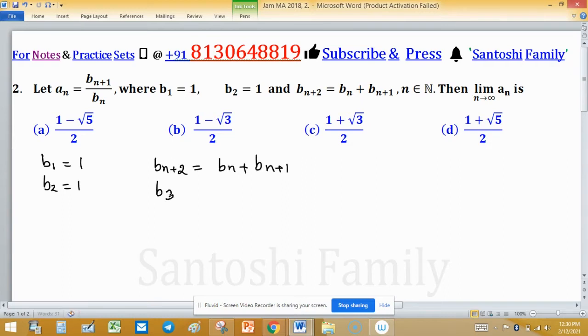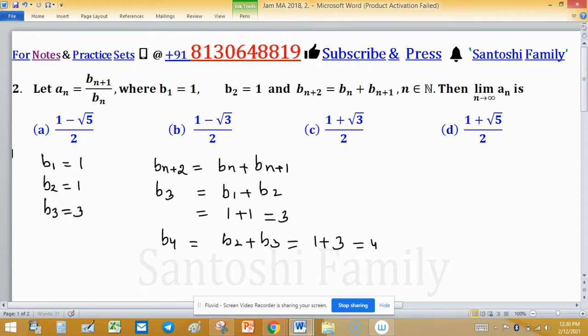From here, b_3 will be b_1 plus b_2, which is 1 plus 1 equals 2. b_4 will be b_2 plus b_3, which is 1 plus 2 is 3. This means b_n is increasing rapidly. b_3 is 2, b_4 is 3, and b_5 is b_3 plus b_4, which is 5.